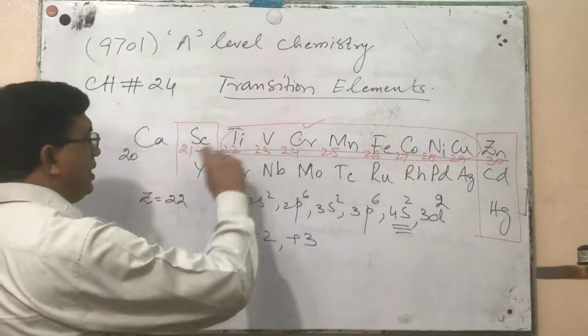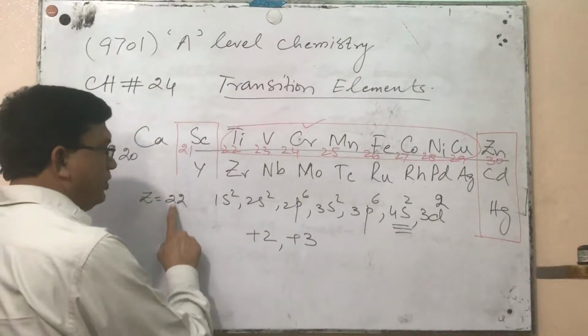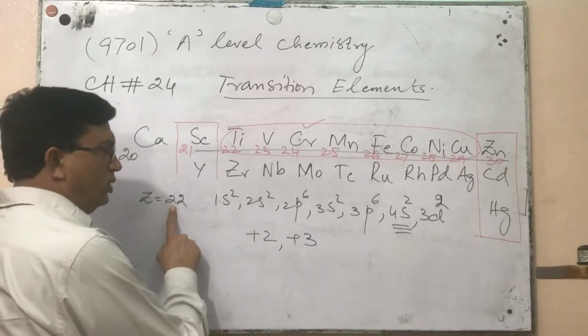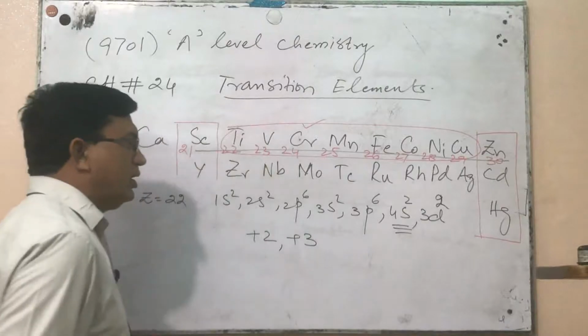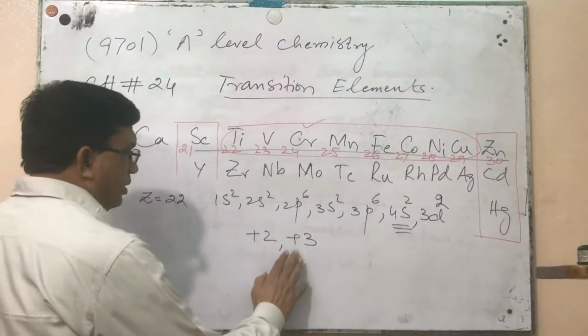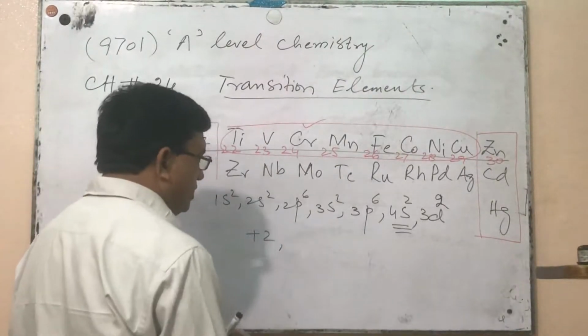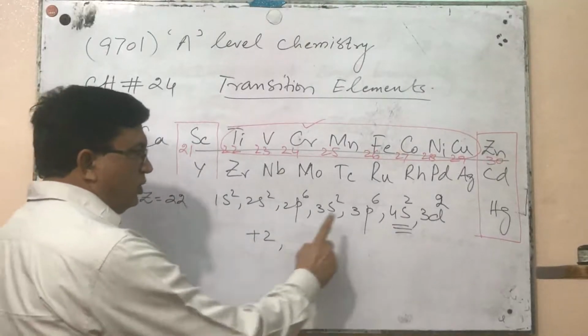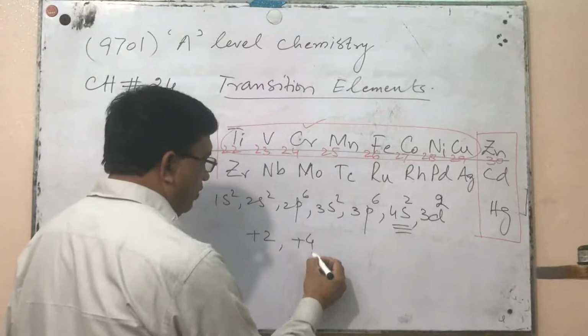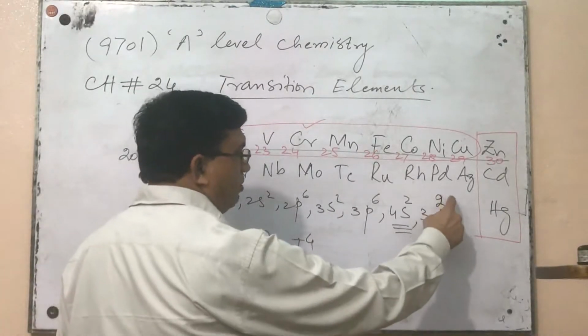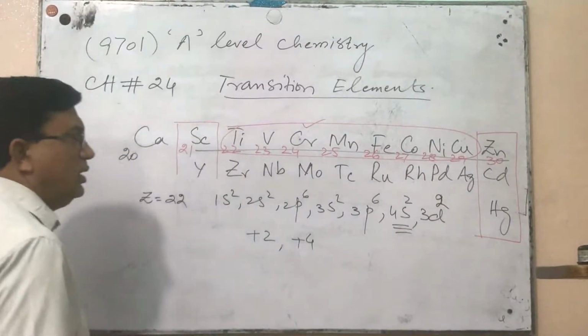But in the case of titanium, look at this, with proton number 22, 4s2 and 3d2 electrons will come. Now, there will be 2 oxidation states produced, positive 2 if the 4s electrons are removed, and positive 4 if the 2 electrons from the d orbital are also removed.